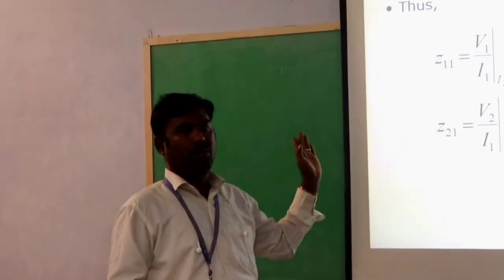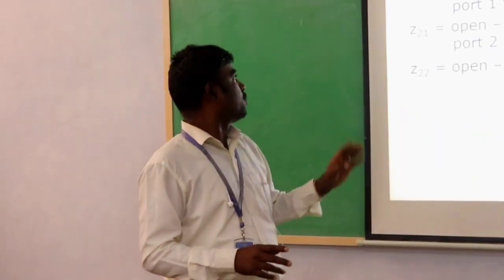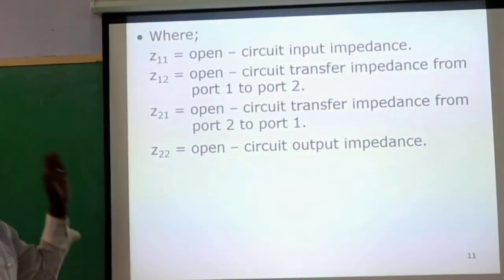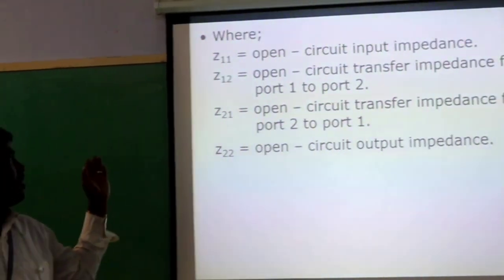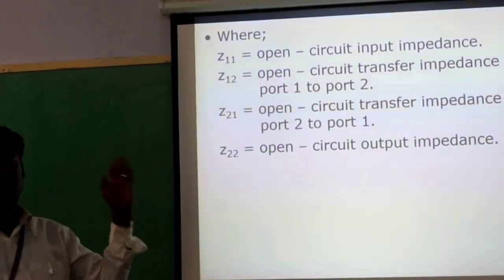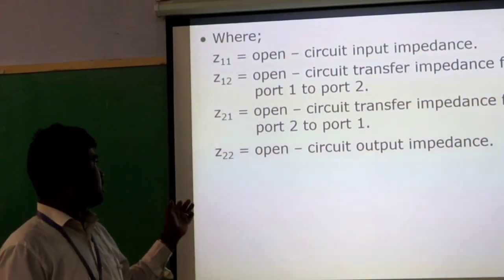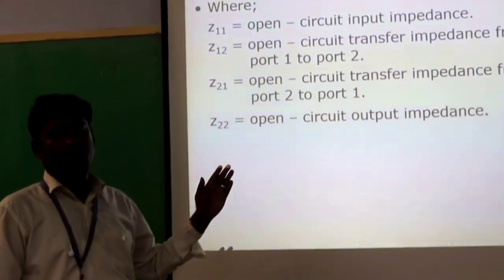Here Z11 is the open circuit input impedance, Z12 and Z21 are the reverse transfer impedance and forward transfer impedance, and Z22 is the output impedance.